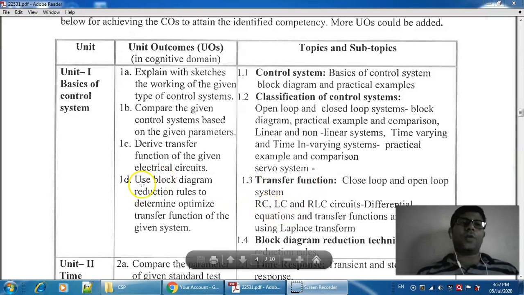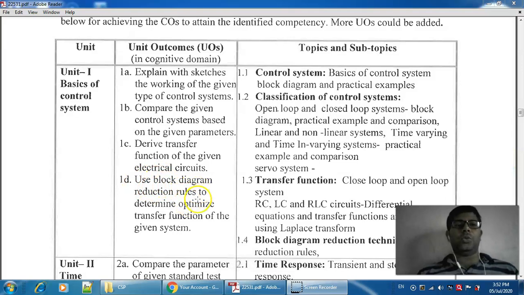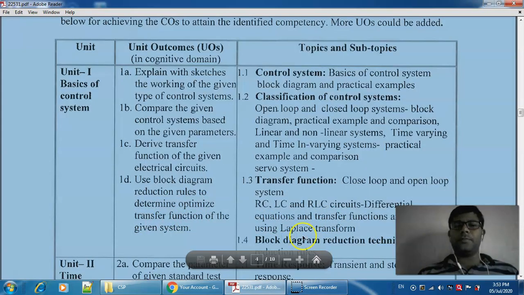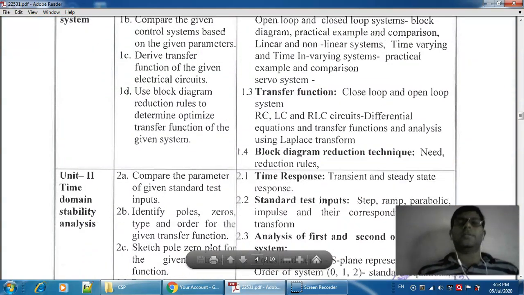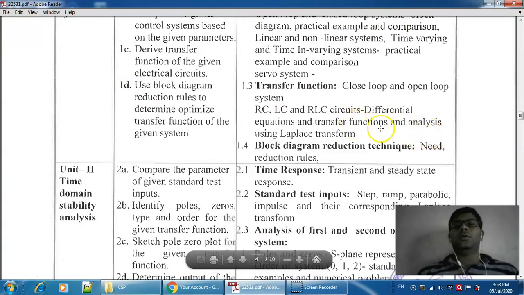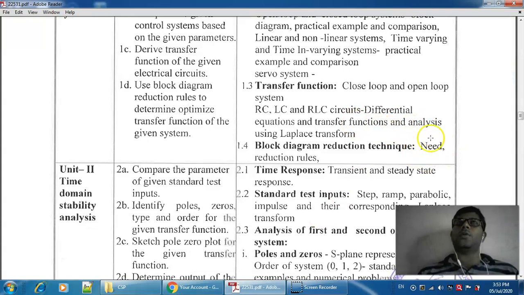So what is the fourth outcome? The fourth unit outcome is to use the block diagram reduction rules to determine the optimized transfer function of the given system. Here, block diagram reduction techniques means the need and the reduction rules. These are two topics: what is the need of block diagram reduction techniques, and what are the different rules of block diagram reduction.